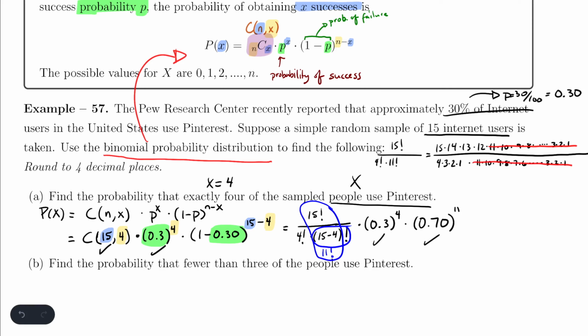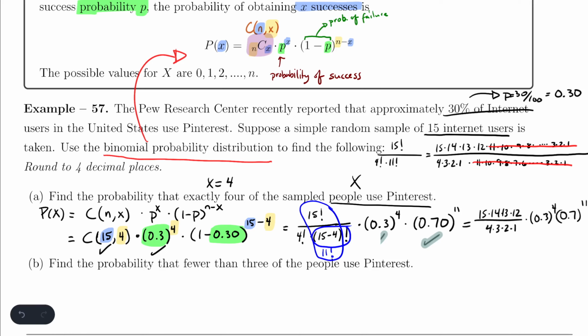So this first term, 15 factorial over 4 factorial times 11 factorial, becomes 15 times 14 times 13 times 12 over the original 4 factorial, 4, 3, 2, 1, everything else canceled, times the 0.3 to the 4th times the 0.7 to the 11th.